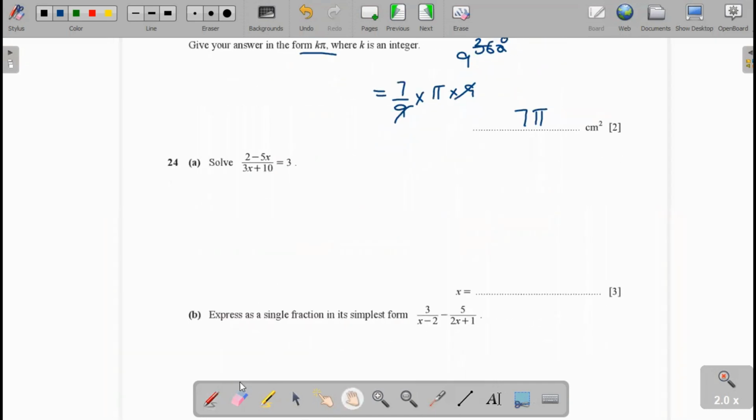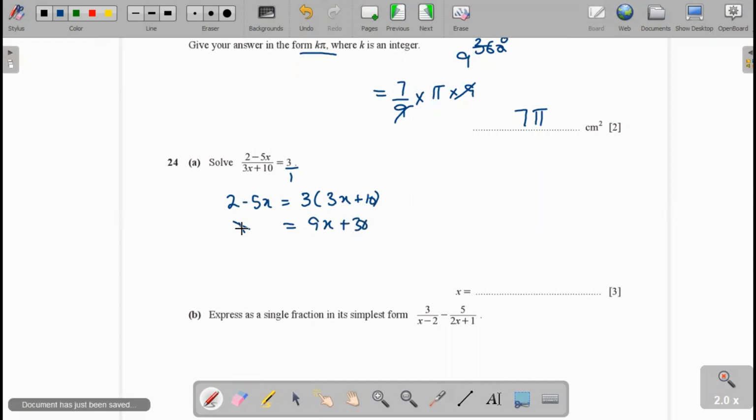Question 24: 2 minus 5x over 3x plus 10 equals 3. To solve it, we multiply: 2 minus 5x is equal to 3 times the bracket 3x plus 10. We multiply this out, 9x plus 30, and we get 2 minus 5x.